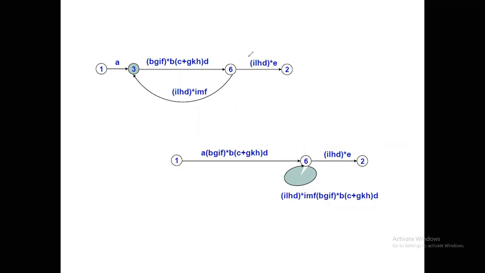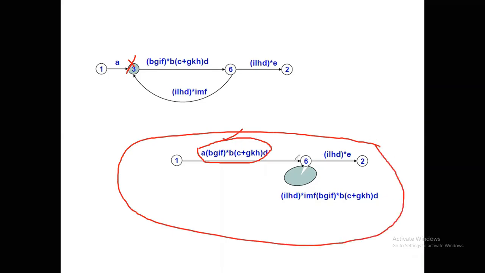Okay. We remove the self loop of 6. Then the flow graph seems like this, and you select 3 to remove. Now the expression is changed like this: A, B, G, I, F, this is the path expression.